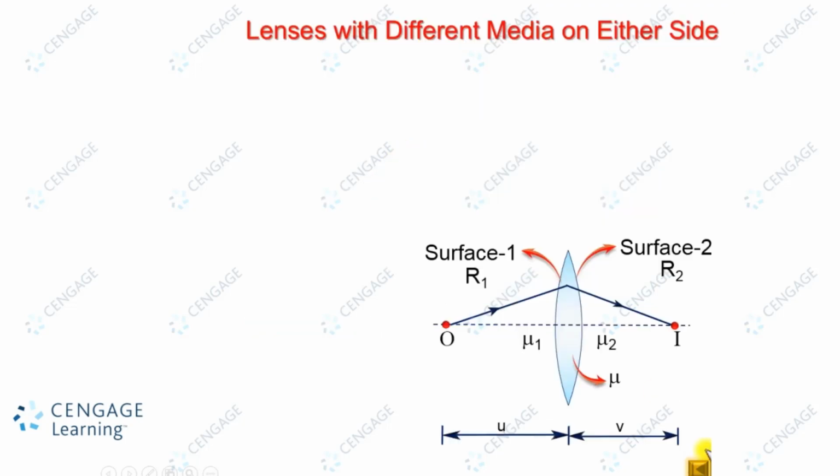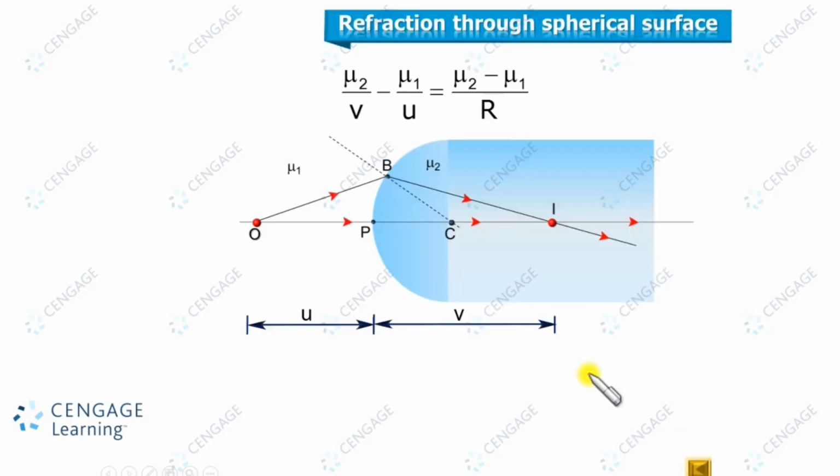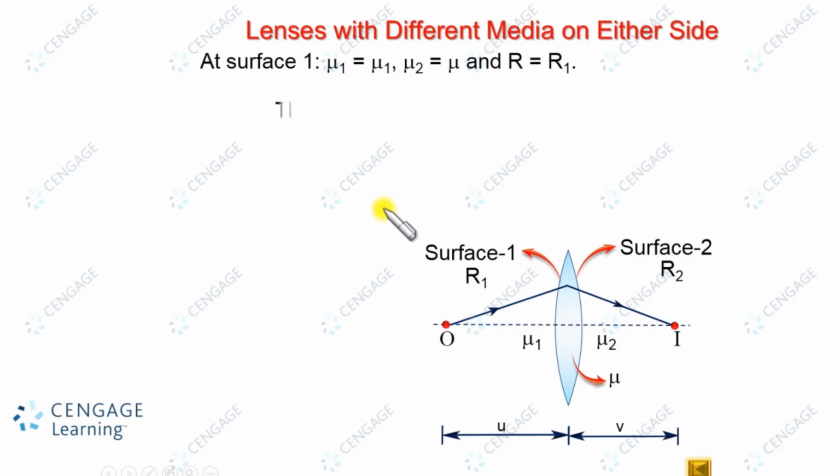So if we apply the curved surface formula for this surface, mu1 should be equal to mu1 and mu2 should be equal to mu, because after refraction through this curved surface, the ray travels in this medium, and the radius of curvature of this surface is R1. So for surface 1, we can write mu1 equal to mu1, mu2 equal to mu, and R equal to R1. Now we can substitute these values in this formula, so we can write like this.